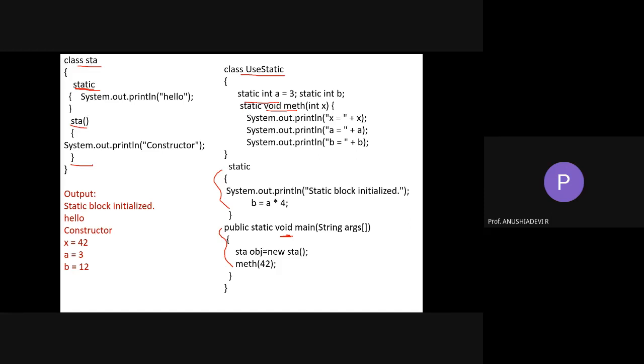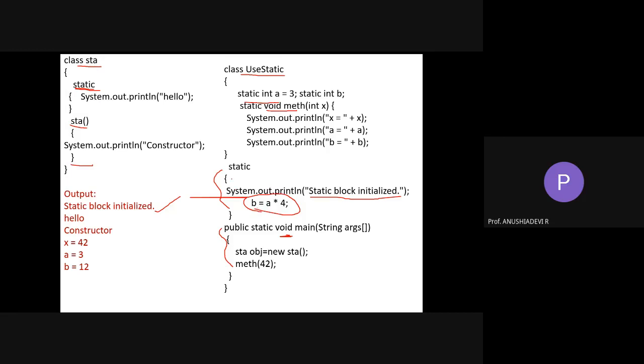And in that class, if you have a constructor and also a static block, the static block is executed first. Now in the useStatic class, this statement is executed first, so static block initialized. So that is the output. And then next, B becomes what? B becomes 12 because A value is 3. So 3 into 4, B becomes 12.